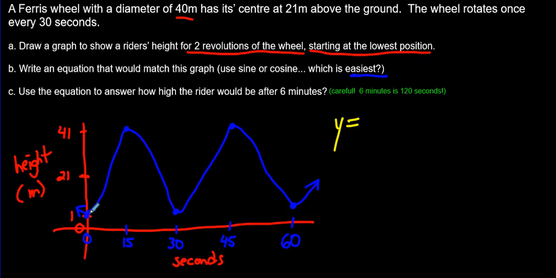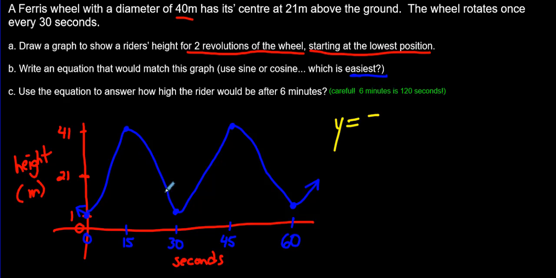cosine is a graph that on the y-axis starts at either an extreme top or extreme bottom. Cosine starts from the extreme bottom if we have a negative sign in front. So we're going to have a negative, and it's going to be cosine because it's starting at the extreme bottom.